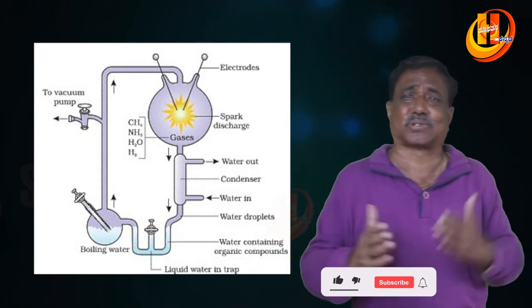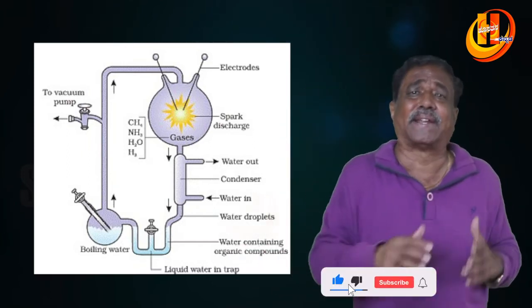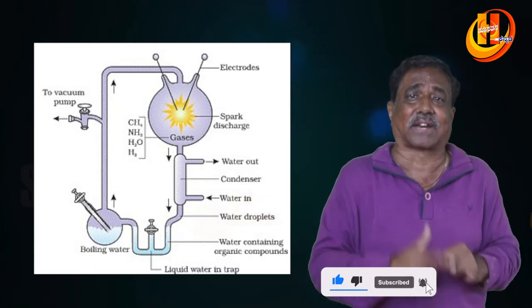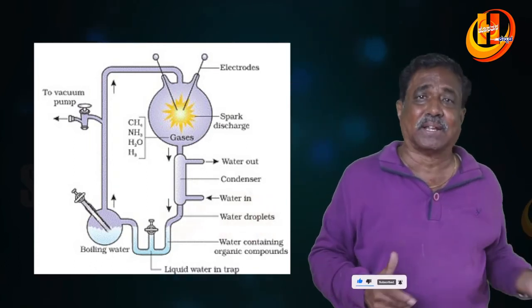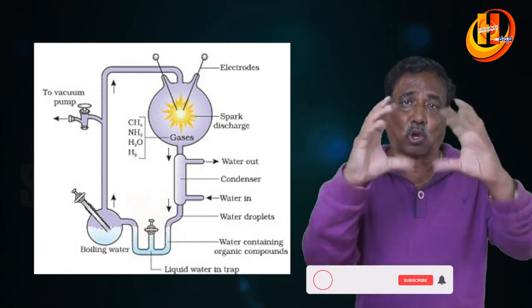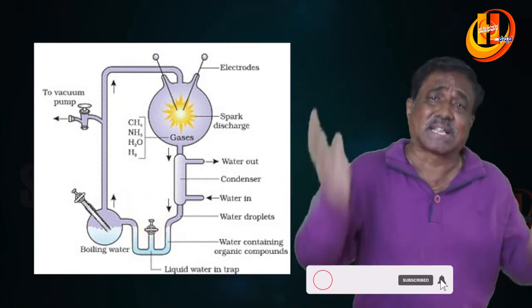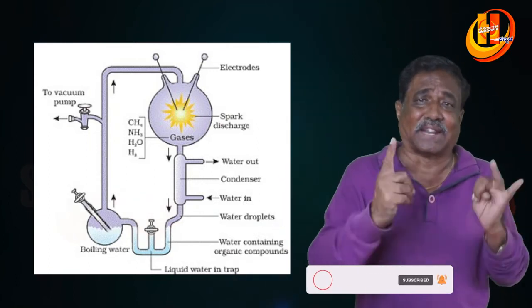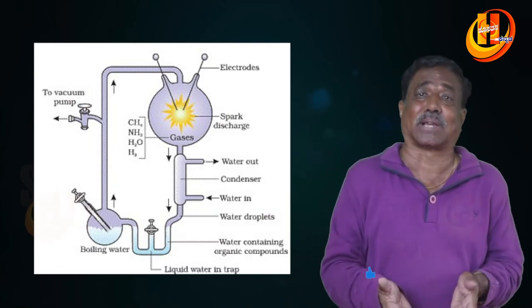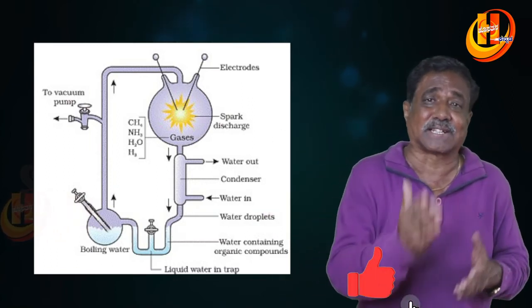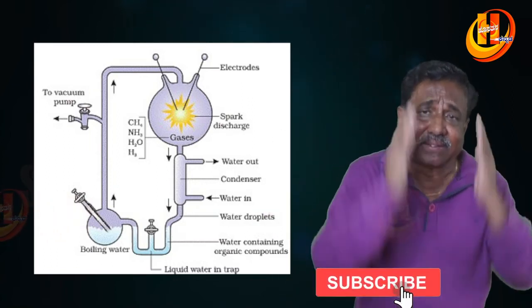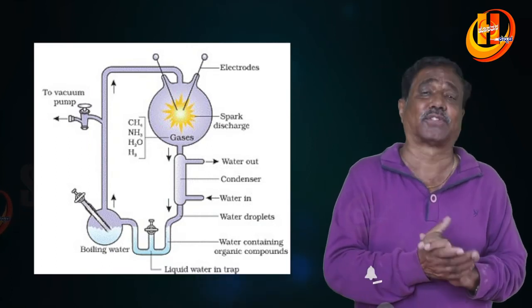They evacuated the whole apparatus using the vacuum pump, and circulated hydrogen, ammonia, methane and water vapor, and finally they were able to collect micromolecules such as fatty acids and amino acids. This is the proof for this.